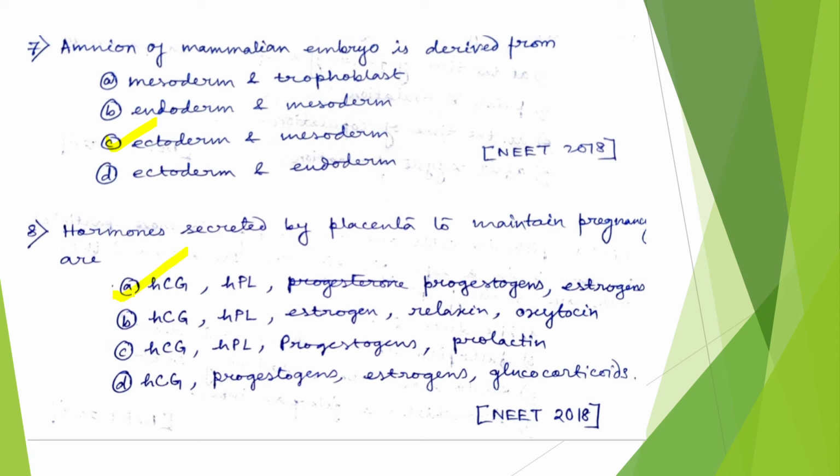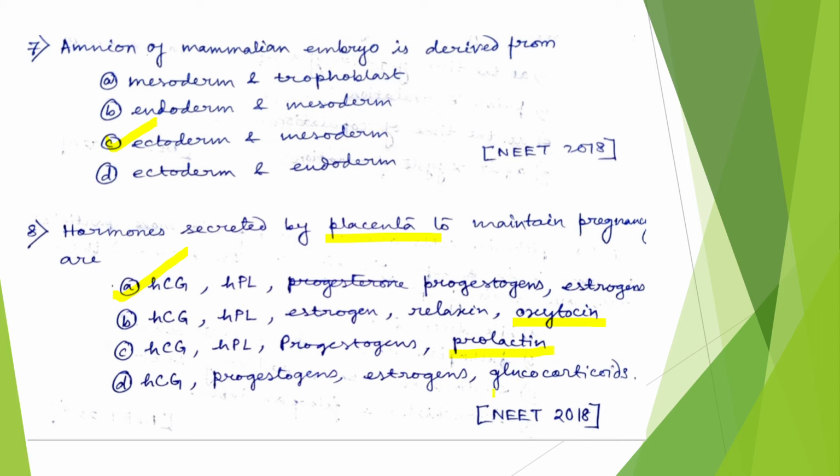Why are the other options not correct? In the second option you will find oxytocin. Oxytocin is not formed in the placenta. It is secreted by the posterior pituitary, so option B is incorrect. Then prolactin is formed by the anterior pituitary, so it also cannot be the correct answer.